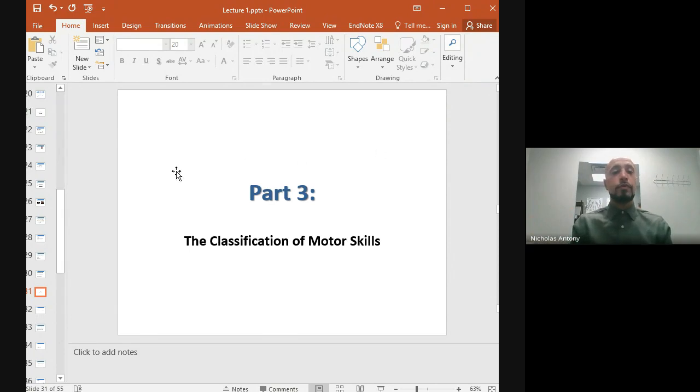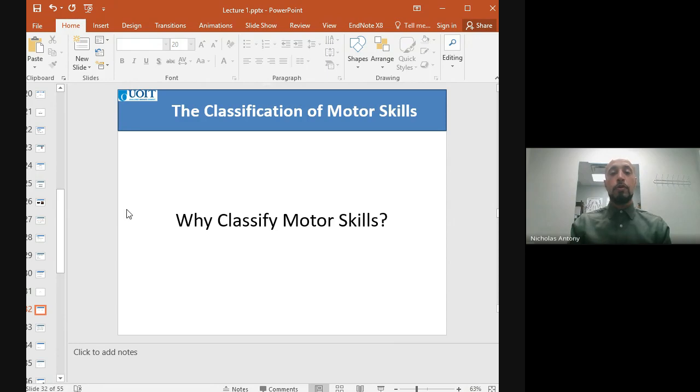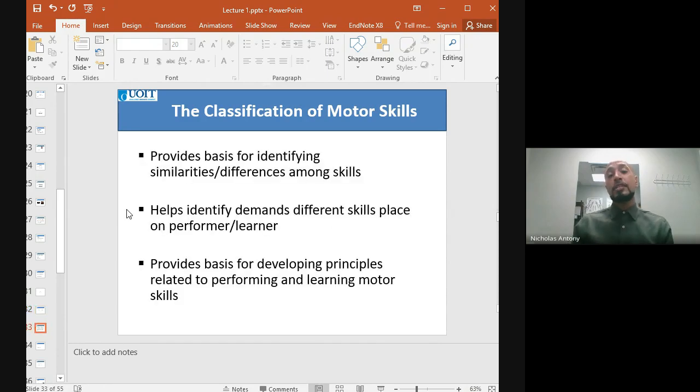Remember, research is really just about comparison of variables and looking at the effect on performance, right? And so we classify motor skills because it is the basis for identifying similarities and differences among skills. It will help us identify the demands that are placed on the performer and how they would affect them positively or negatively, or by how much.